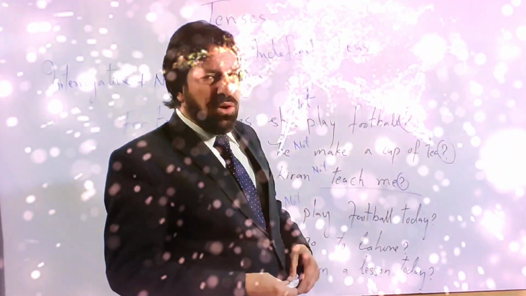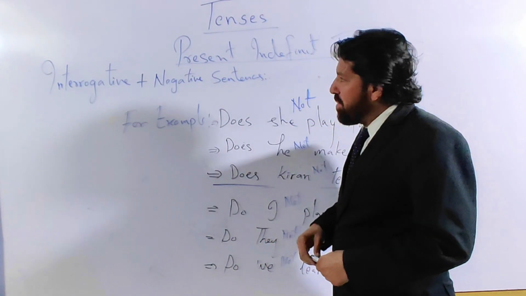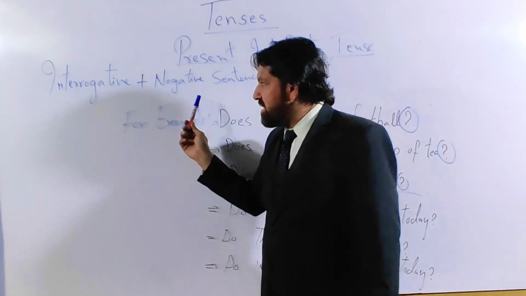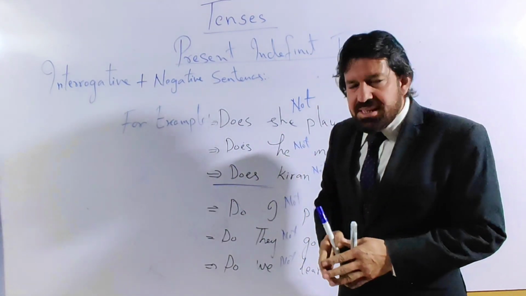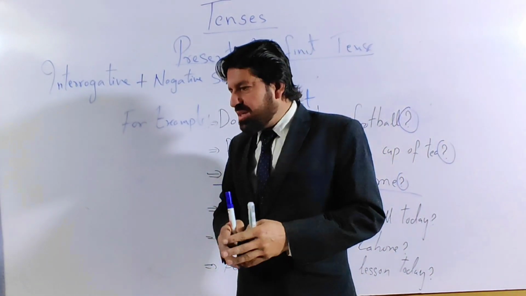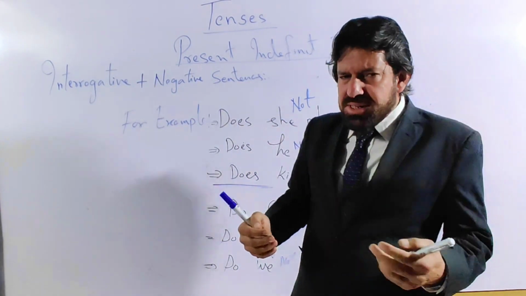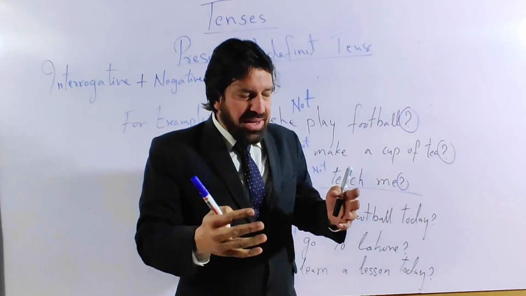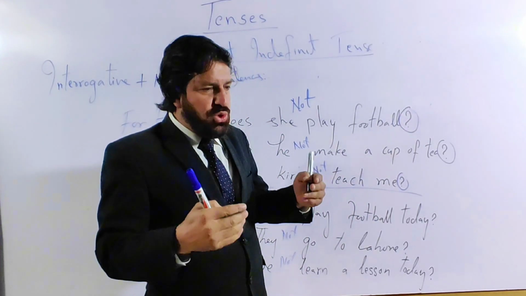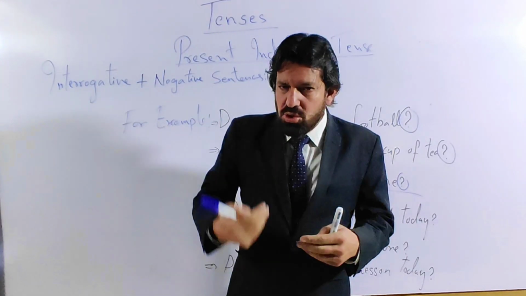Alright students, so at last we are going to discuss what interrogative plus negative sentences are. I have completed present indefinite simple sentences and negative sentences, and now we are going to discuss interrogative plus negative sentences. So what are they? When you are talking with someone and you use not and ask a question as well.